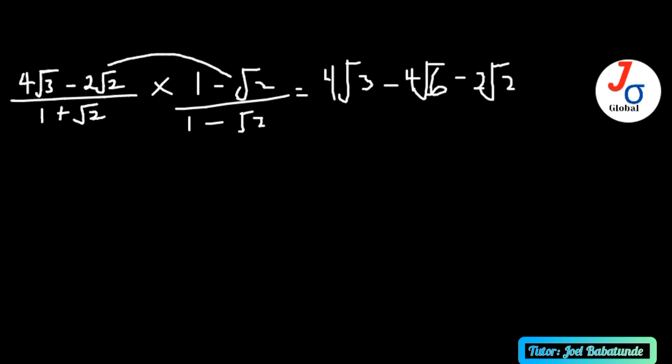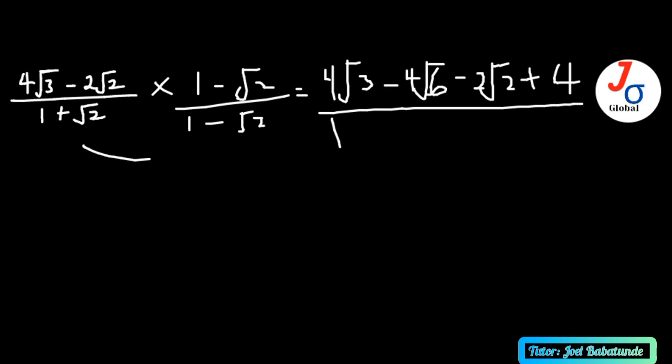Then minus 2 root 2 times minus root 2, minus times minus is plus, and root 2 times root 2 is root 4, which is 2, and 2 times 2 is 4. Let's leave that like that. Then for the denominator, 1 times 1 is 1, and 1 times minus root 2 is minus root 2.